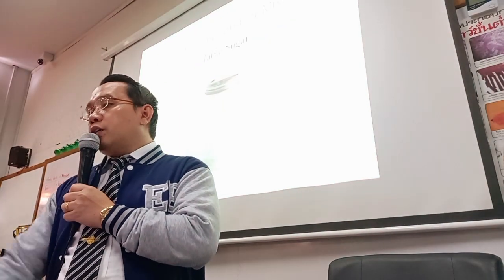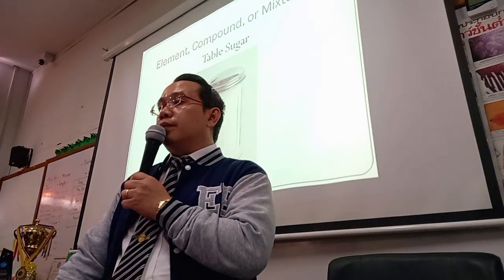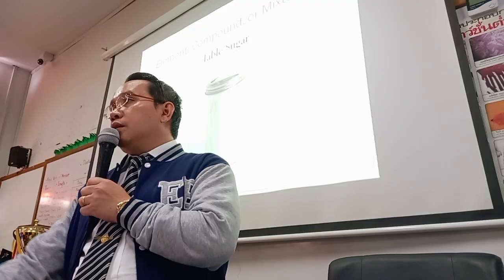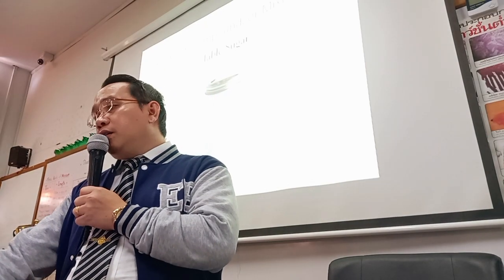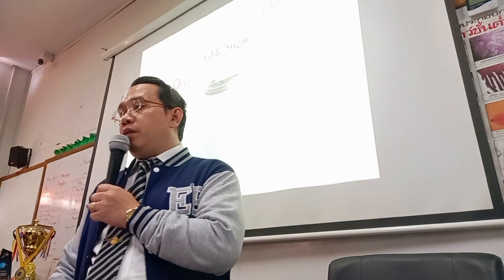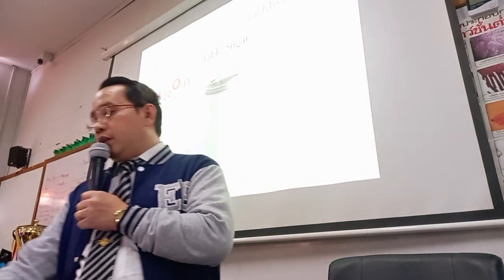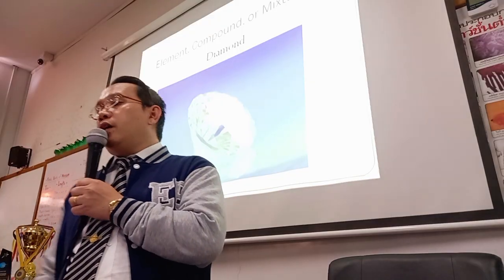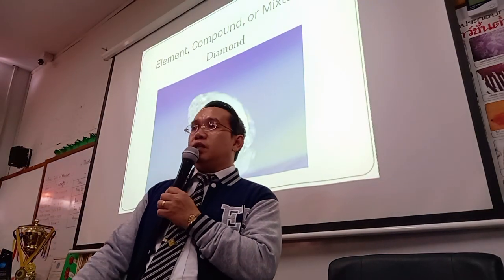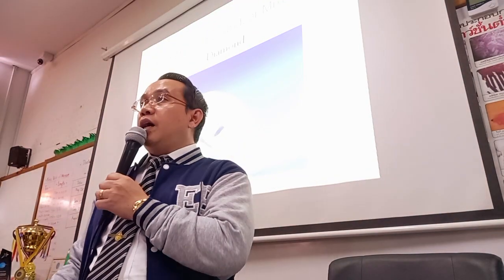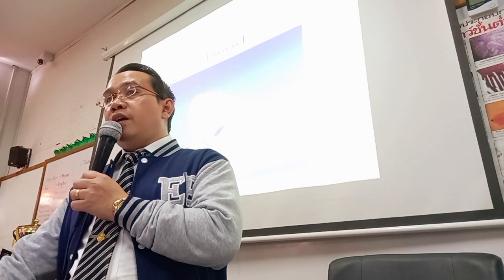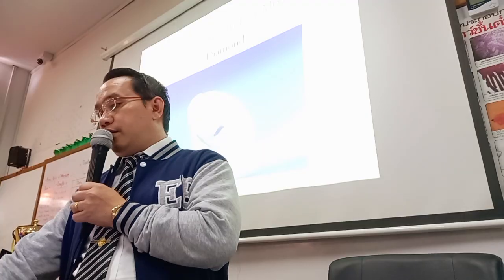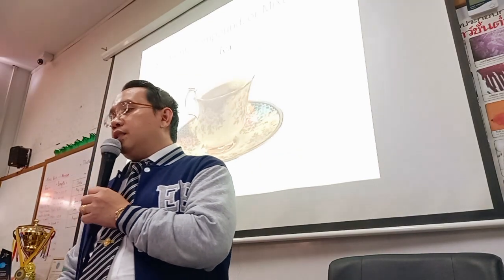Next, table sugar: compound, correct. C12H22O11, this is from the sugar group. Next one, diamond: an element made of carbon. Next one, tea.